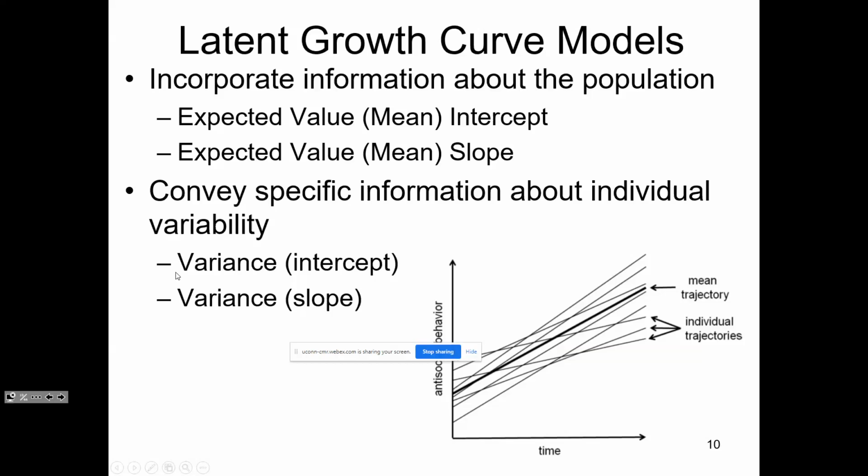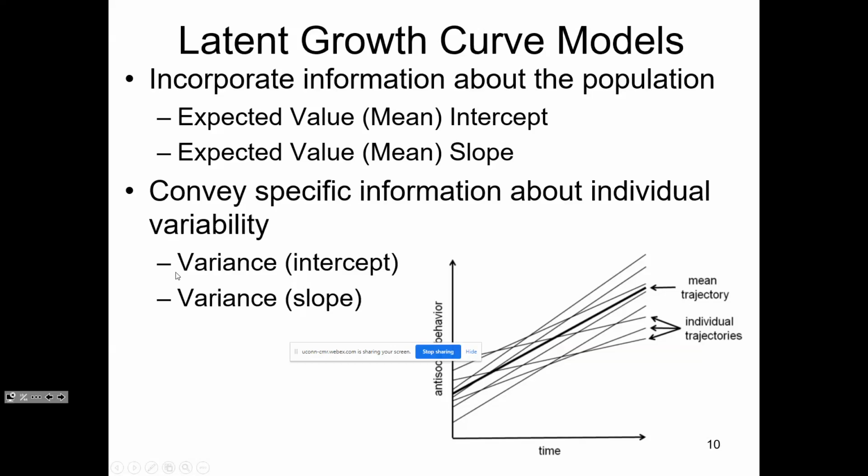The expected value for the intercept is going to be the mean of our intercept factor, and the expected value for the slope is going to be the mean for our slope factor, which I'm going to show you in a second what our model looks like.